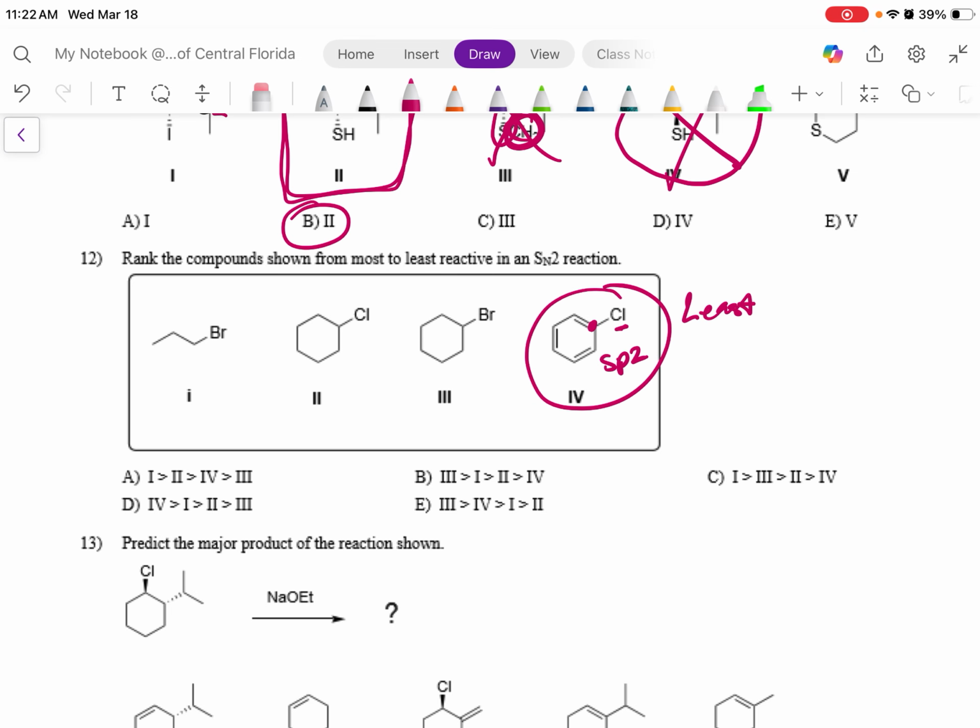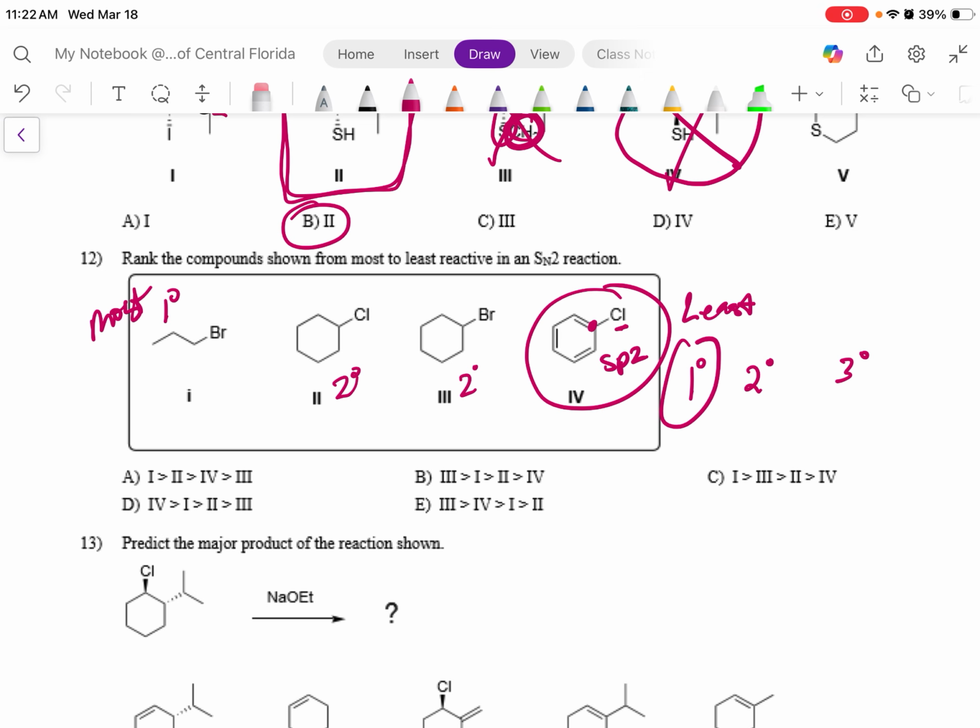And between a primary alkyl halide, secondary, and a tertiary, which goes the fastest? Or which is the most efficient? Primary. And so that's a primary, that's a secondary, and that's a secondary. So we found the most reactive and the least reactive. Okay. But then how do you break the tie between compounds 2 and 3?